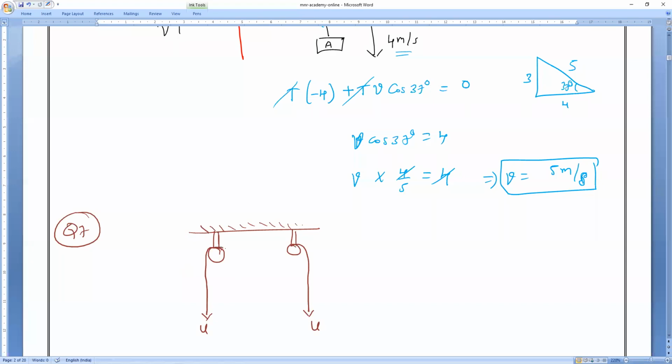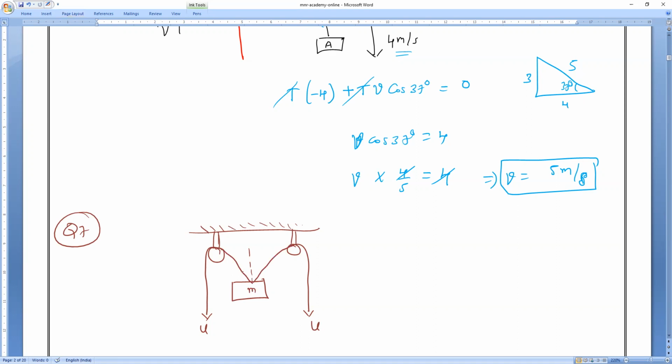Now imagine that this is the block, lifting both the pulleys. So when you pull both sides, this block will go up. Clear? Yes, sir.